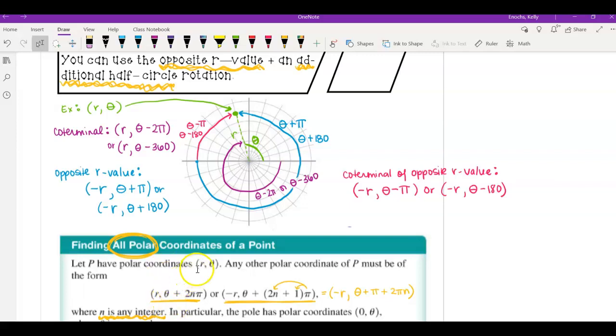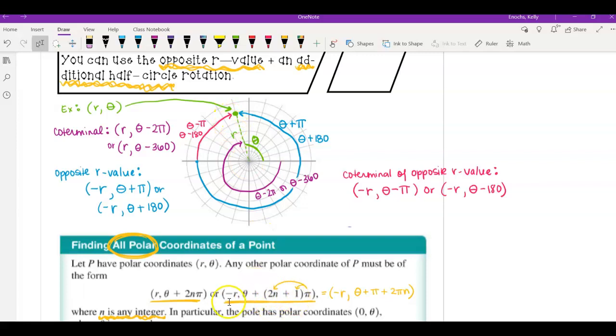So you have r and theta. Then these would be your coterminal angles, theta plus 2 pi n. And then you could do your opposites and have theta plus (2n plus 1) pi. Why do we have that extra 1 there? Remember when you went to the left, you had to go all the way back around pi to get back to the original, and then you would continue on that theta amount.